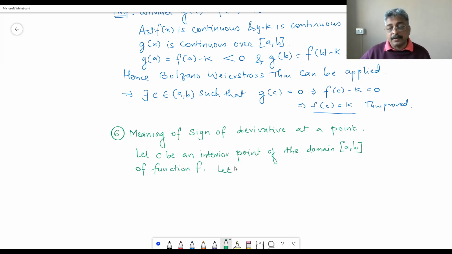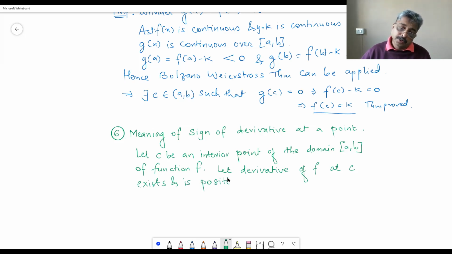Let the derivative of f at c exist and be positive. That is, f dash of c is greater than 0.